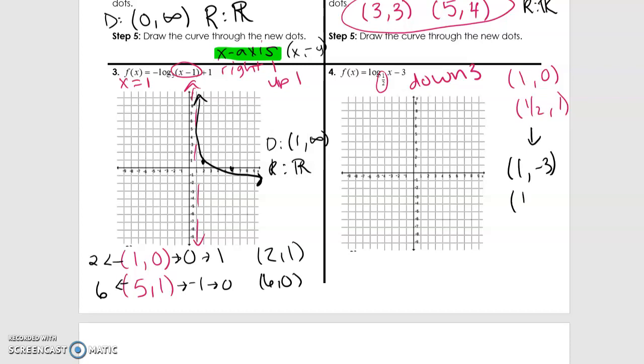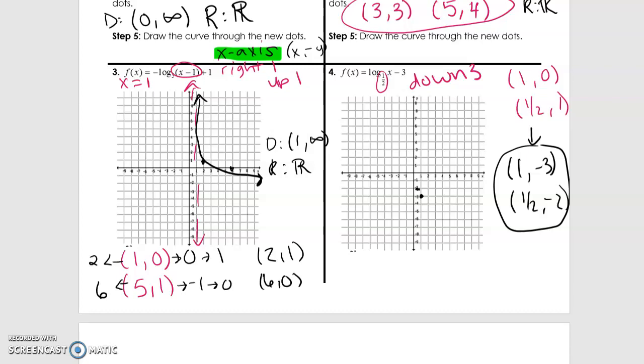And then it's going to be at (1/2, and then when I subtract 3, that's going to be -2). So these are going to be my 2 points. So I'm going to go ahead and graph them. So I have (1, -3) as a point, and the other point is going to be (1/2, -2). That's really close right there, but it's going to be right there.